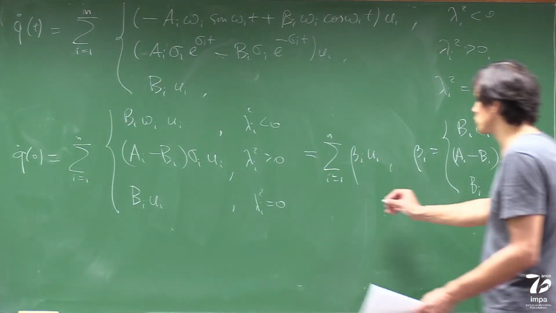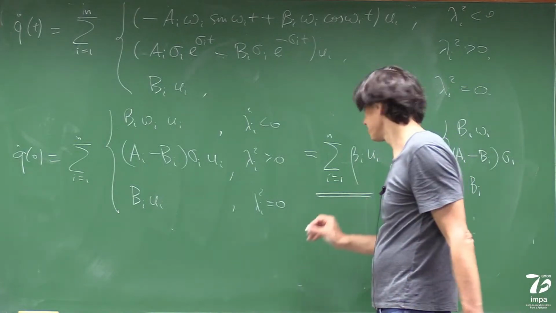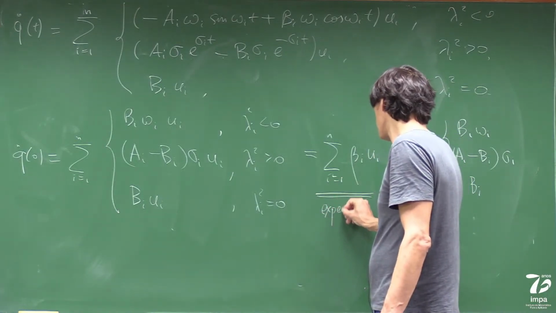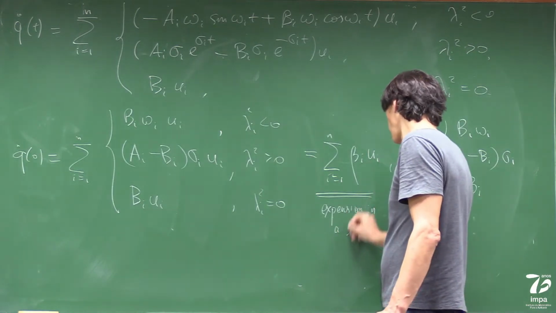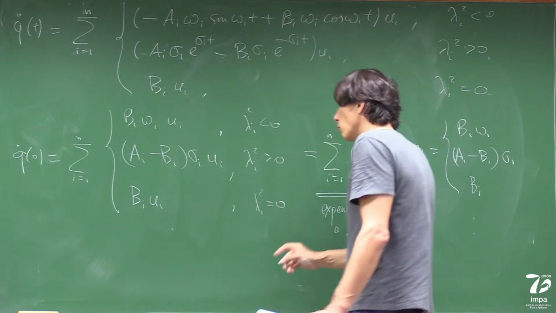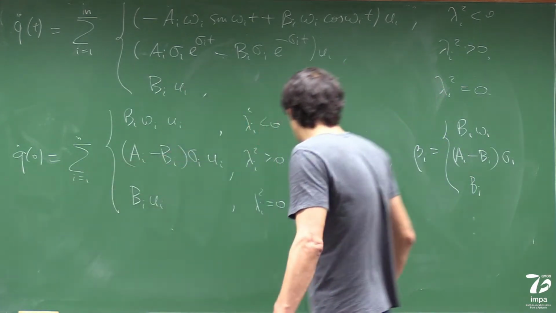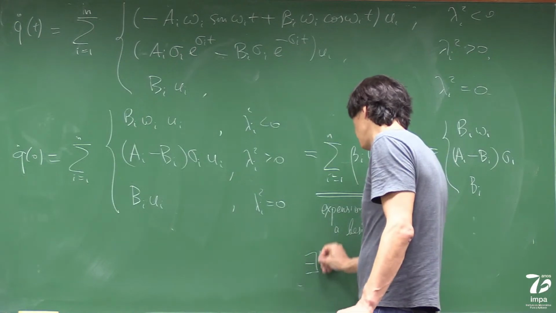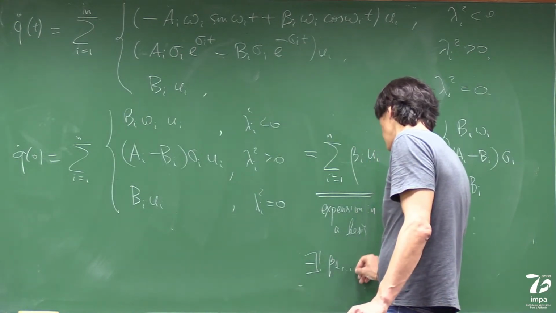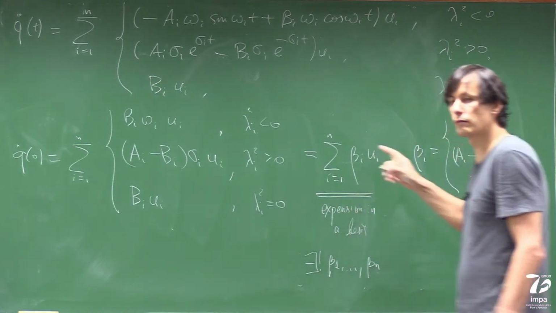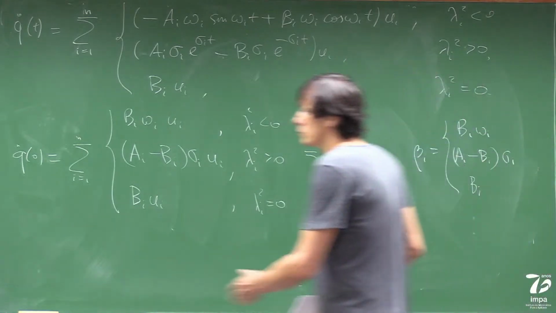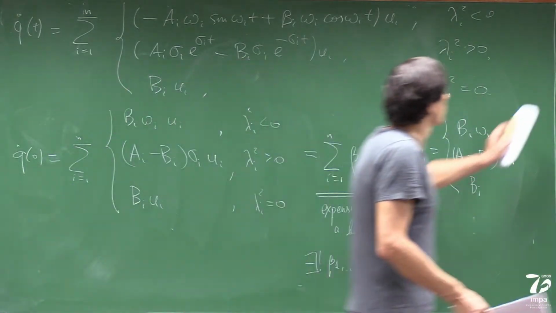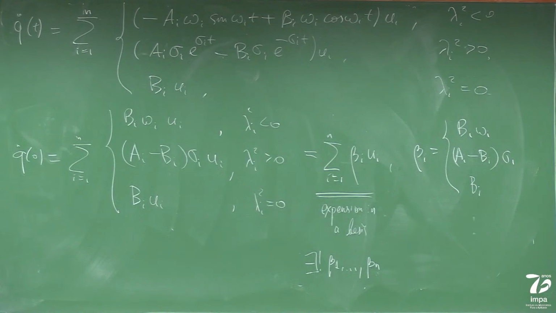Again, this is an expansion in the basis, which means that whatever initial condition you give, there are unique betas which satisfy this condition. Okay, so we have unique beta, unique alpha. And what remains is to find A and B, a_i and b_i.